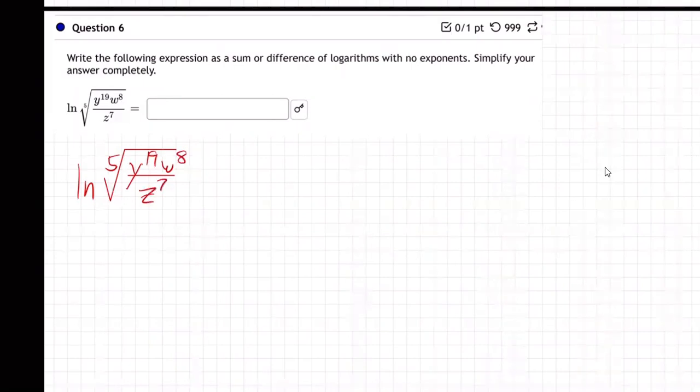Okay, notice that that fifth root is over everything, isn't it? That fifth root is over everything.